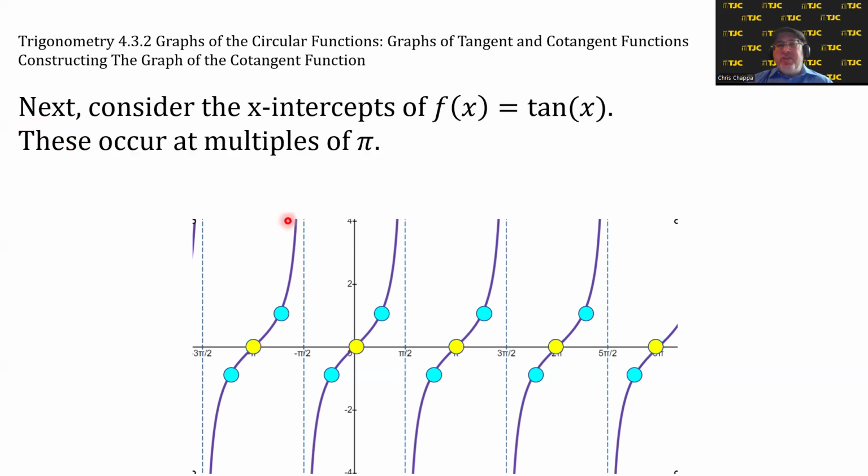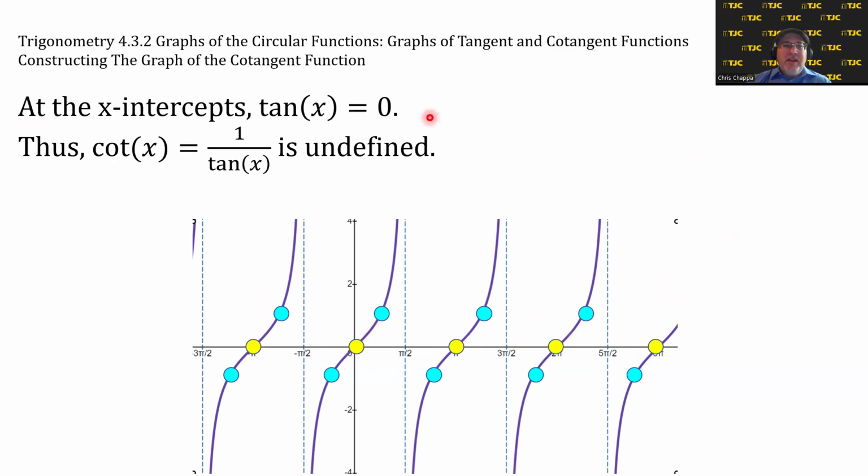Next, consider the x-intercepts of f of x equals tangent of x, highlighted in yellow here. These occur at multiples of pi, 0 pi, 1 pi, 2 pi, etc. At the x-intercepts, tangent of x is equal to 0. Thus, cotangent of x equals 1 over tangent x is undefined.